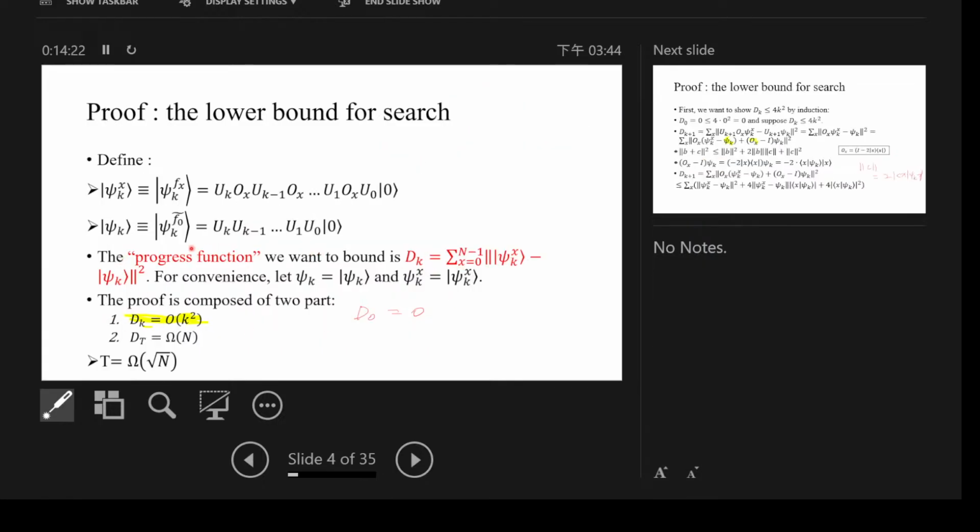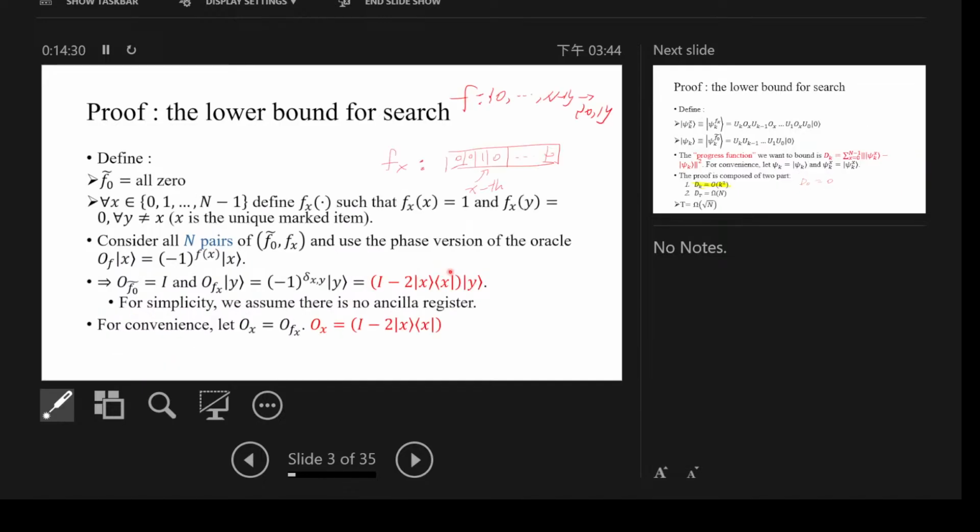Yeah, I guess sorry, we still need notation, and so it's just a bit of simplifying notation. You see that we have this f sub x and f0.